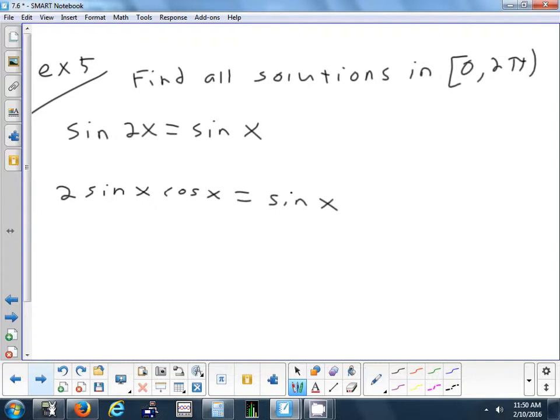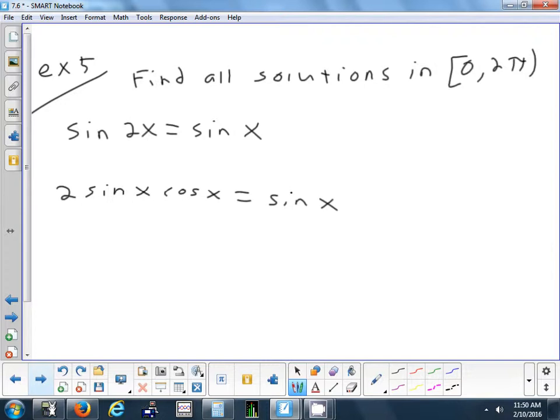Okay, what would I do next? We got to be careful dividing by sine, because if we divide by sine, it could be 0, and then we just divided by 0. I want to get 0 involved, but I don't want to accidentally divide by it and not know it. Yeah, let's get this equal to 0.